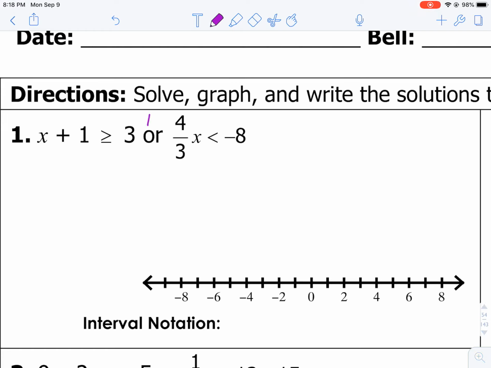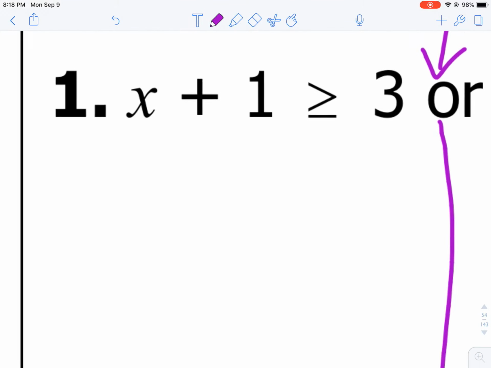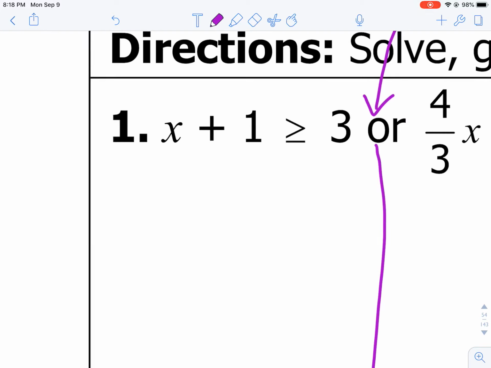So just as a reminder from yesterday, when I'm graphing with OR, I'm going to have two separate arrows. Two arrows that are disconnected. So I'm going to draw a line just to show the fact that I'm working with two completely separate problems. So when I look at the first one, I have x plus 1 is greater than or equal to 3.